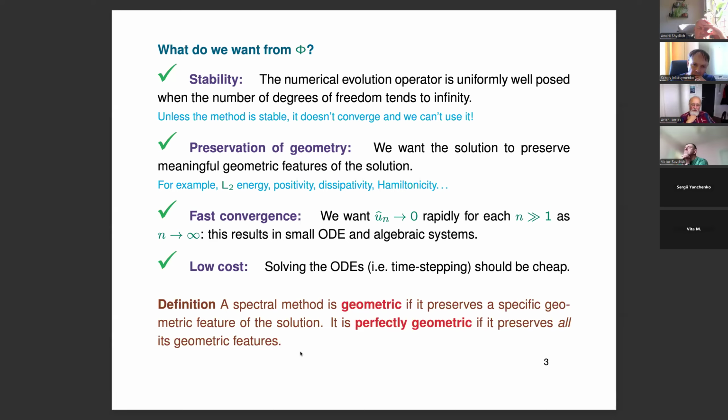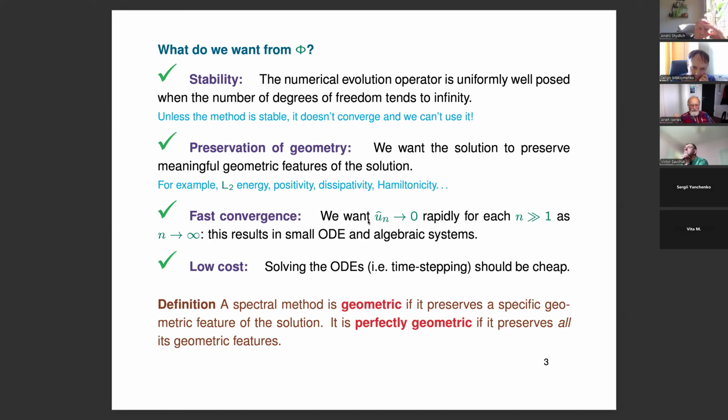The third requirement is we want things to converge fast. We want the expansion coefficients to converge to 0 fast, because this means that we can truncate the expansion very early.